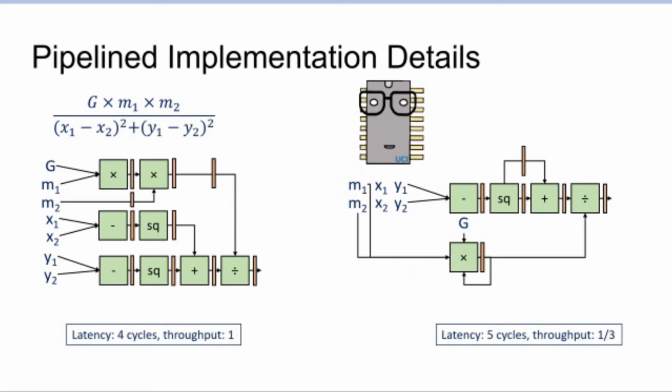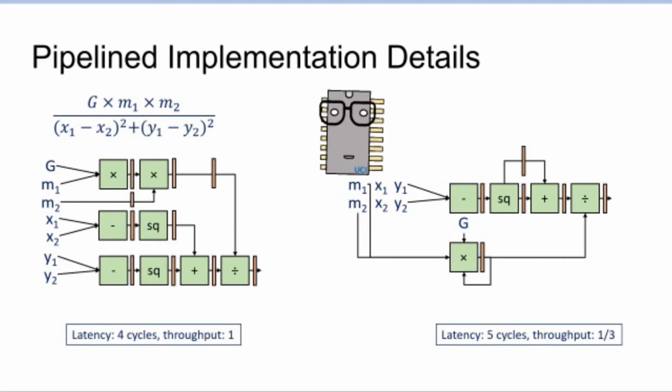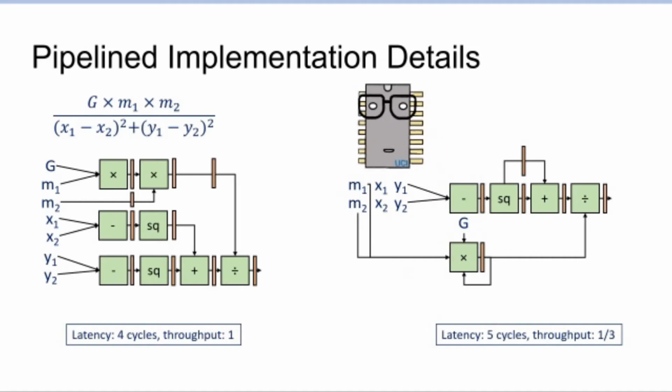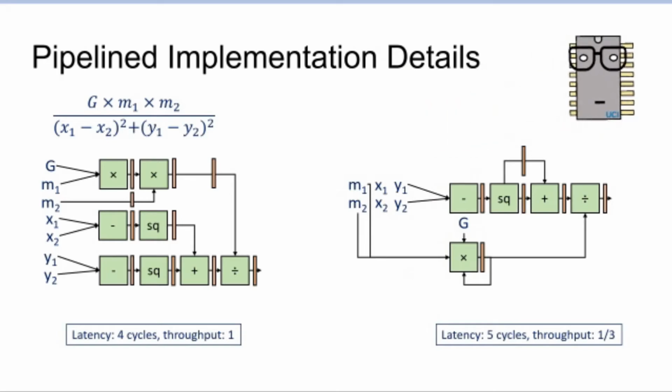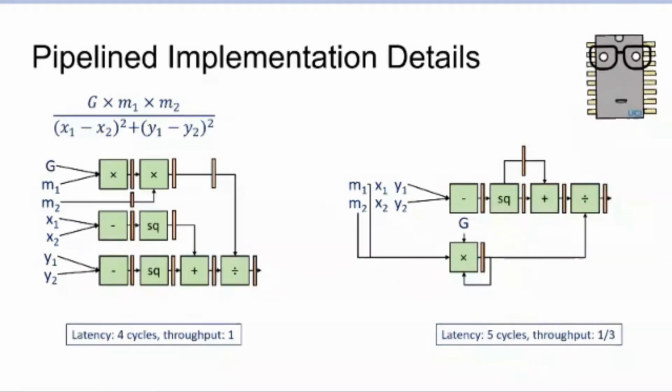But if the data path is only 8 bytes in size, and it unchangeably requires 3 cycles to get the entire set of inputs, then we can't have the output data coming out at every cycle. One output will come out every 3 cycles. And there's a more elegant way to reason about the data path width and such, called the roofline analysis, and that will come up in a couple of slides as well.